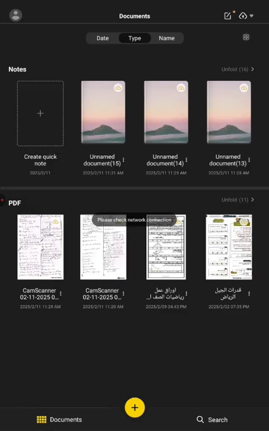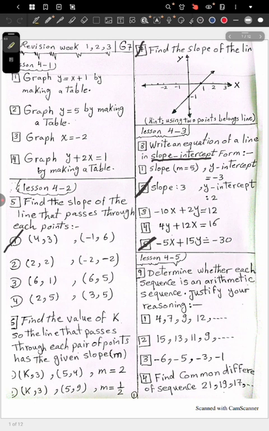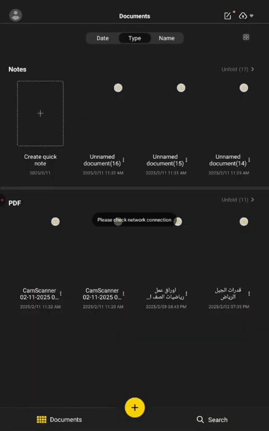This is in the part of slope and equations. In lesson 4.5, I want to find the common difference. That's very easy: the common difference between 21, 19, and 17.